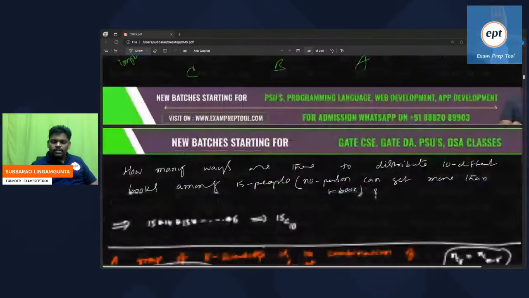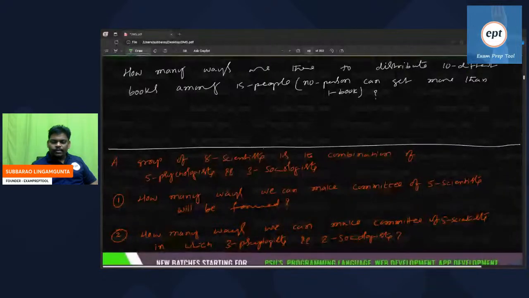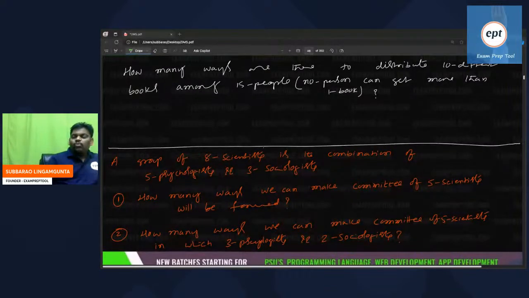What is the answer of this problem? Two problems I have written. Can you solve these two? How many ways are there to distribute 10 different books among 15 people?